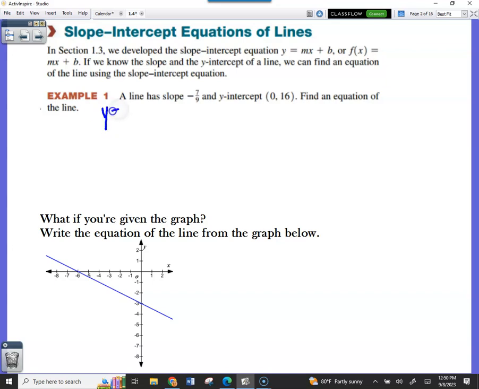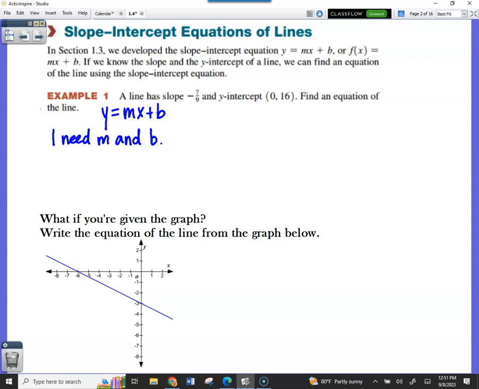So I'm going to keep in mind y equals mx plus b is the slope-intercept form for the equation of any given line. If I wanted to write the actual equation, I need m and b. I need to find the slope.